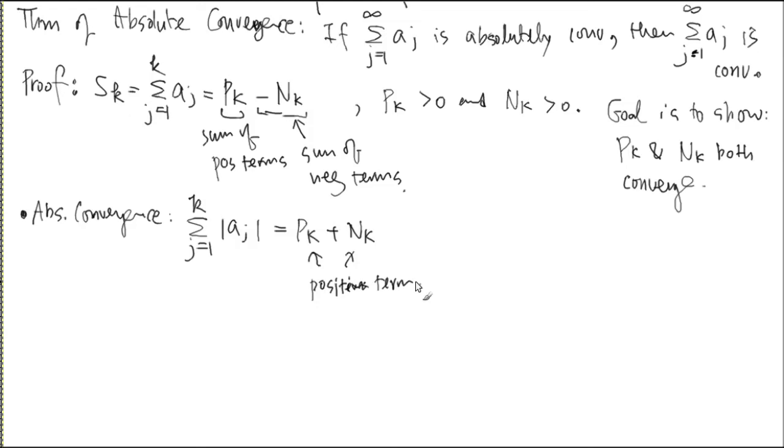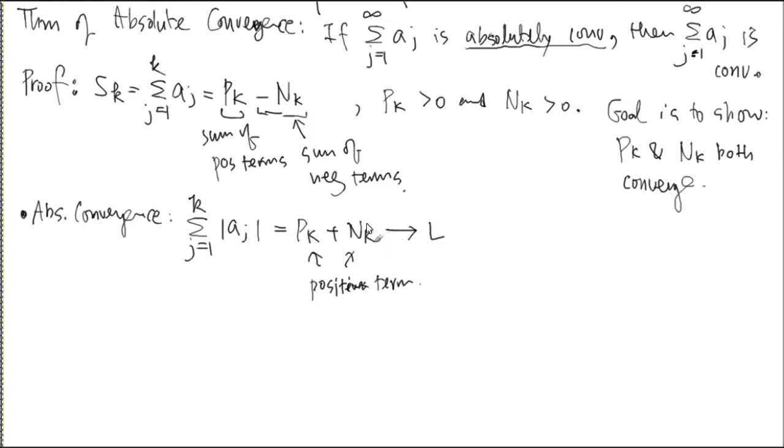All right, make sense? Another thing, this converges to a number L. Why does this pk plus nk converge to L? We assume it's absolutely convergent. So this sequence converges. This partial sum converges after you put the absolute value around.